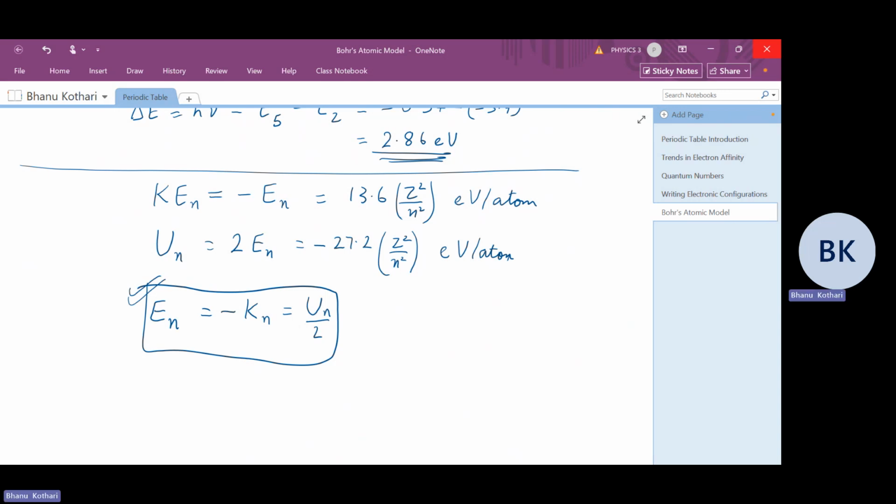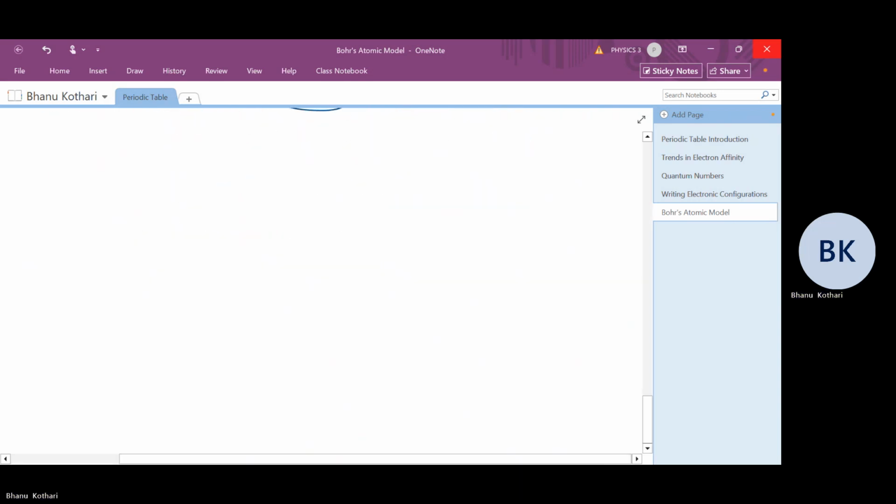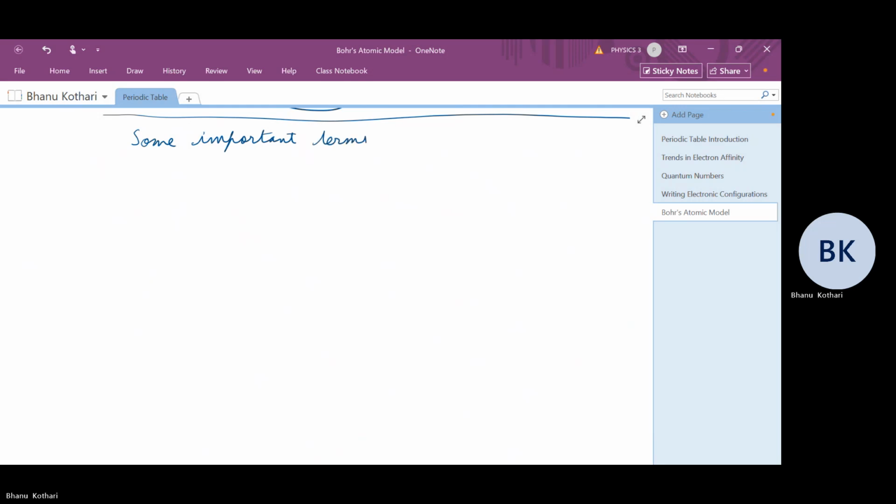Next thing that you need to understand is how to calculate the ionization energy, excitation energy, and binding energy of the electron. First one is excitation energy.